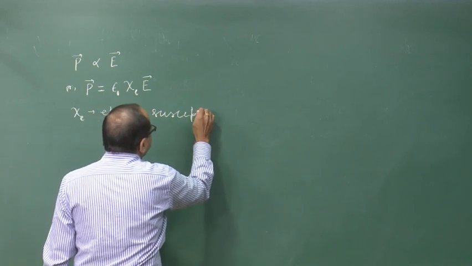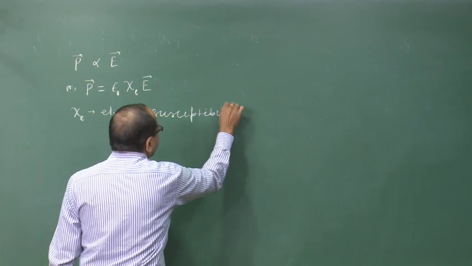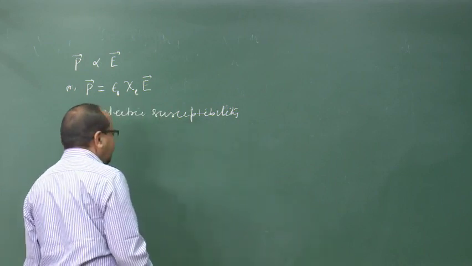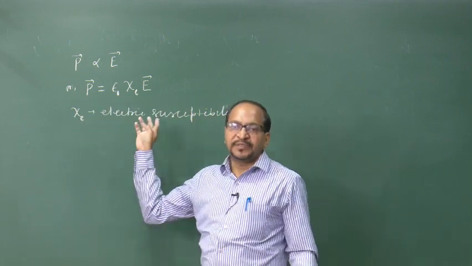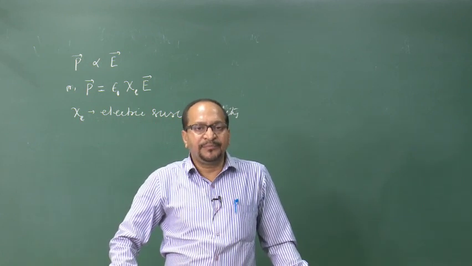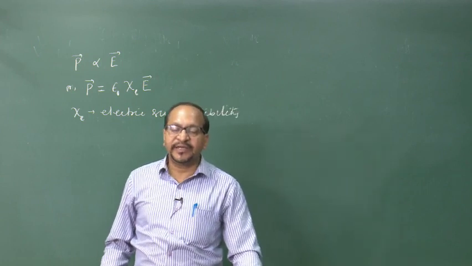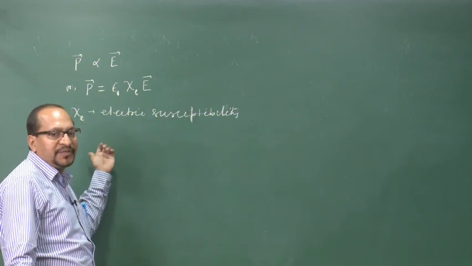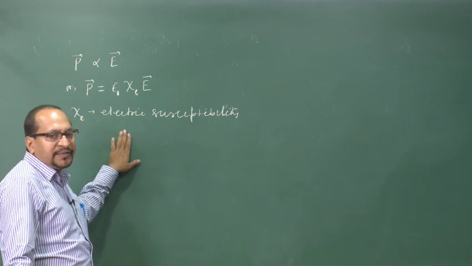Electric susceptibility. Here the subscript E is introduced for differentiating it from magnetic susceptibility, because we will discuss later in magnetism that there is a magnetic susceptibility of different materials, and here it is electrical susceptibility.